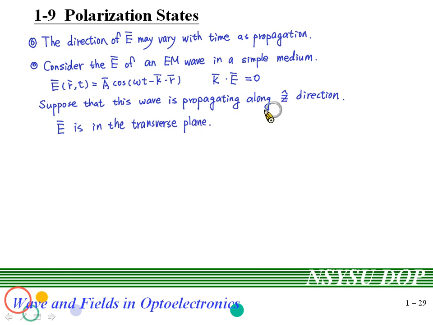You see, the direction of the wave is z, so the transverse plane to z should be the XY plane. So this means that both the E field and the H field are lying in the XY plane.